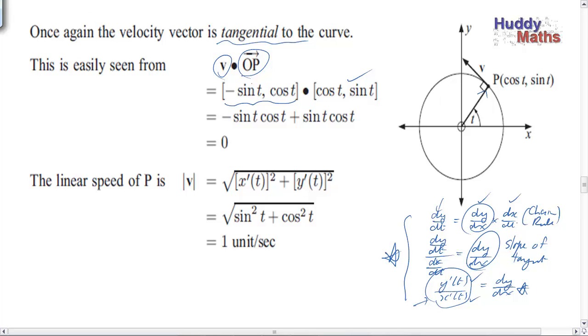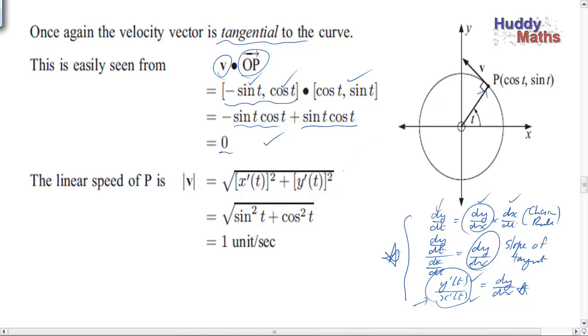The velocity vector is the derivative of cos t, minus sine t, the derivative of sine, cos, and if we multiply that out, it works. So this is a validation of our conjecture. It's not a proof yet that the derivative of sine is cos and the derivative of cos is minus sine. But it is a nice validation that the velocity vector has a dot product with OP of 0 and therefore would be perpendicular to it.